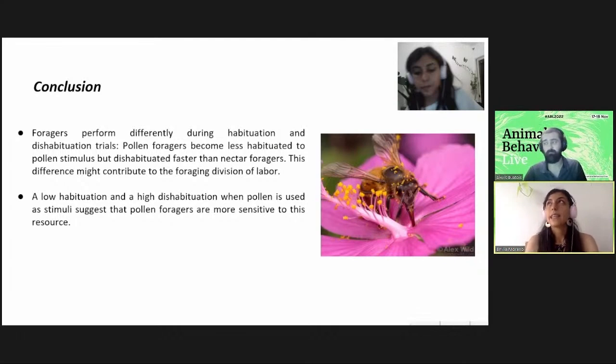So I think that pollen foragers may be more sensitive to pollen cues in the peripheral detection at the level of the antennae, and this can translate to behavioral responses. When we did the PER testing, pollen foragers were more responsive, or they learned better than nectar foragers. And we think that is because they can detect these odors better than nectar foragers at lower concentrations.